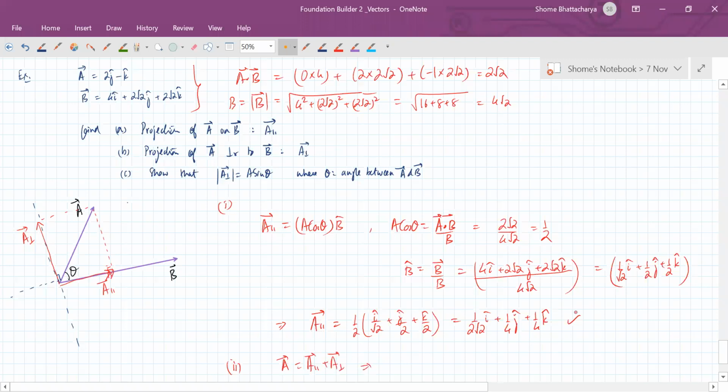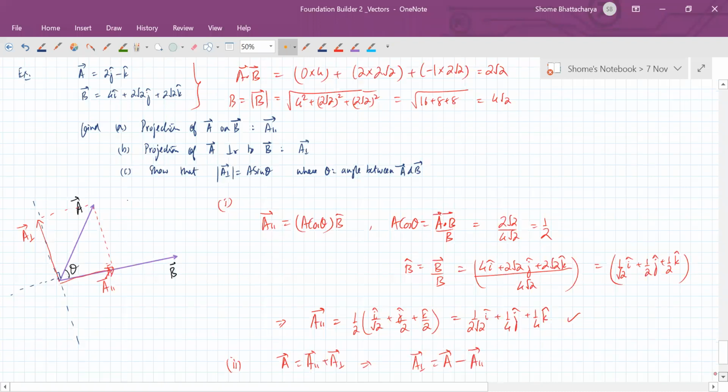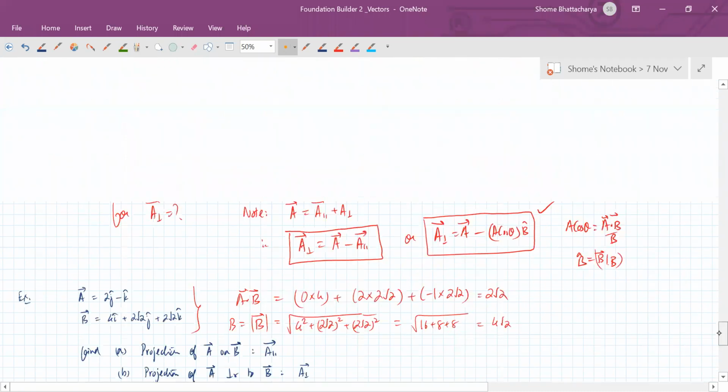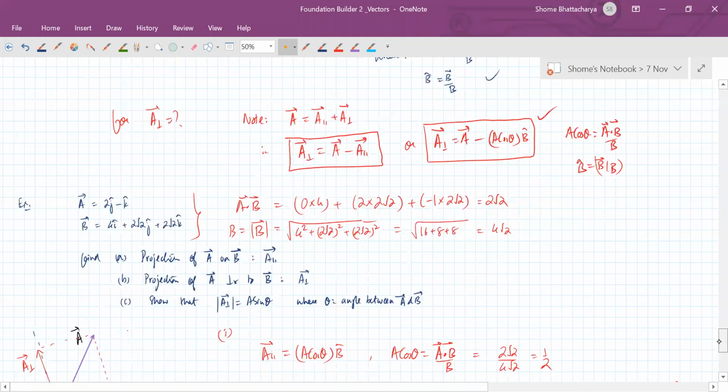So now we have already calculated A parallel. So A perpendicular will become the original vector A that we started with minus the parallel component that we calculated. So the original vector A was 2j cap minus k cap. This is what we've written up here. You can check 2j cap minus k cap.